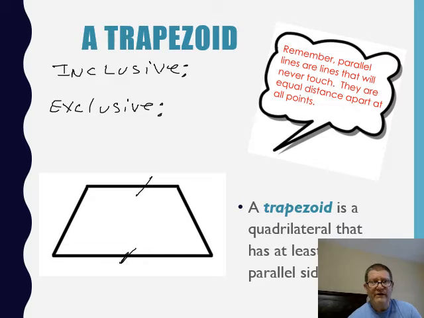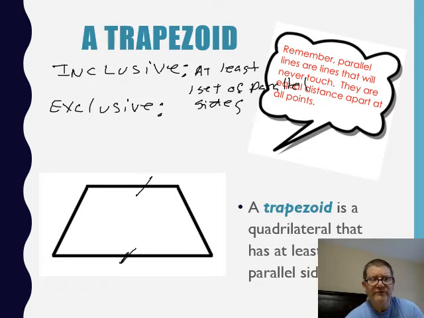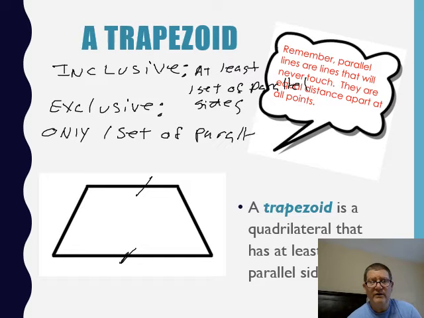We're saying that it has at least one set of parallel sides. When you're saying exclusive, you're saying that it has only one set of parallel sides.